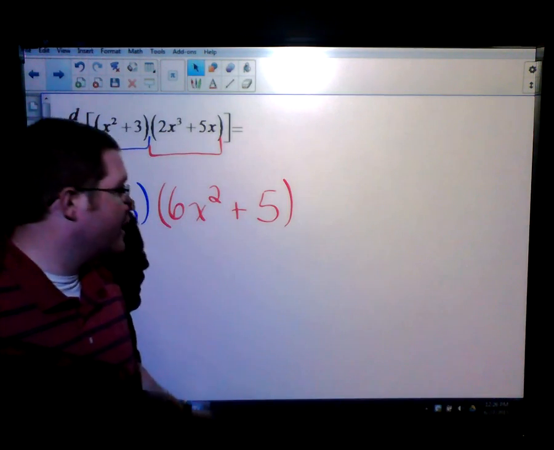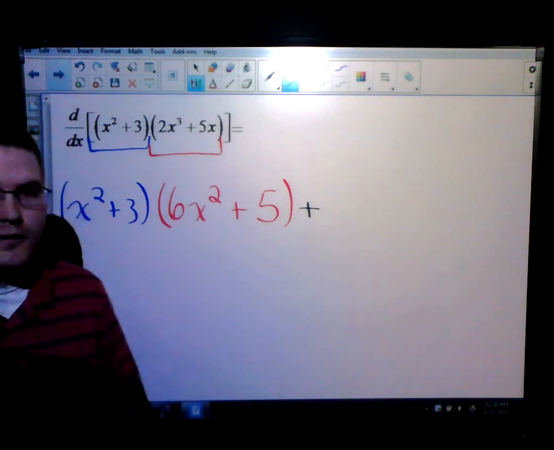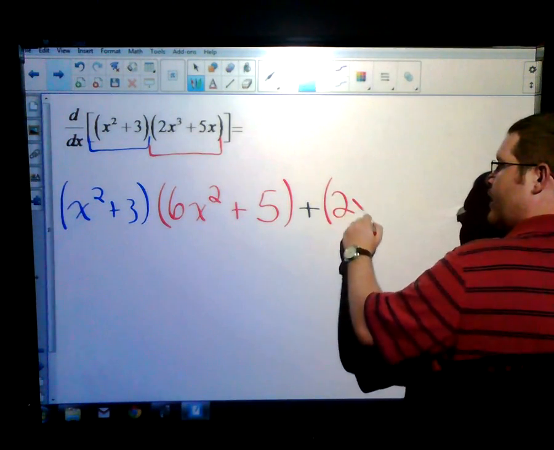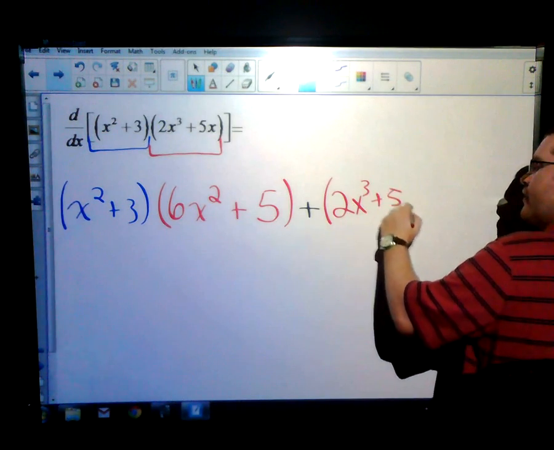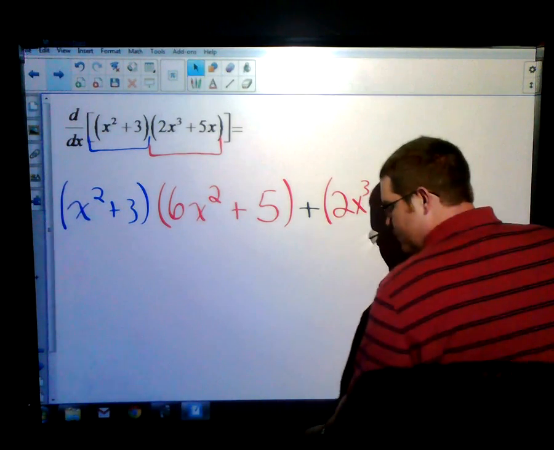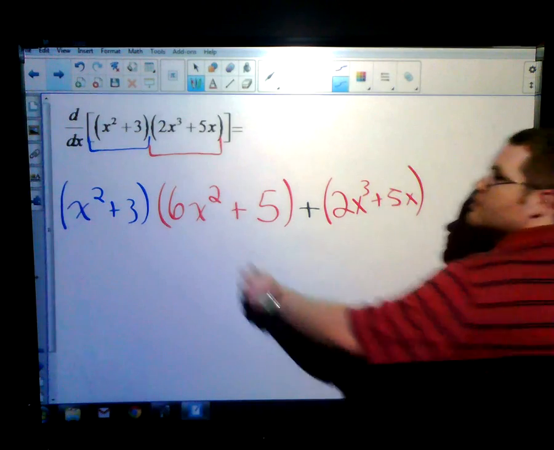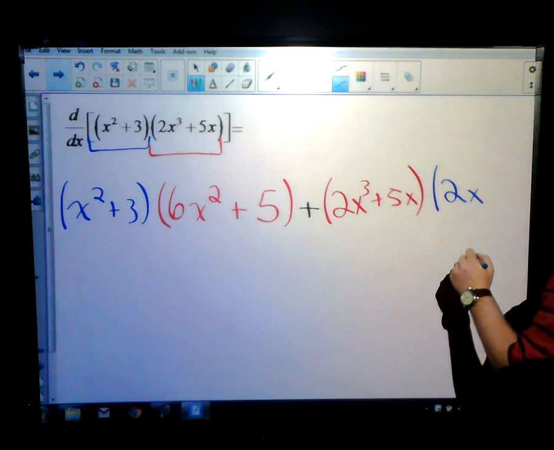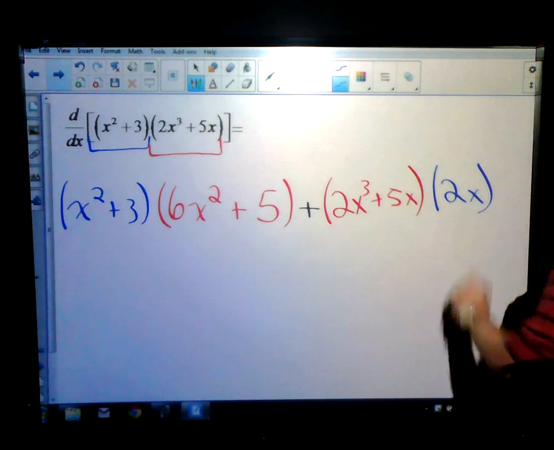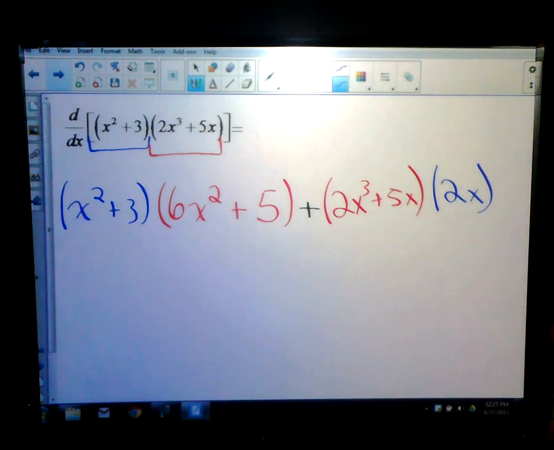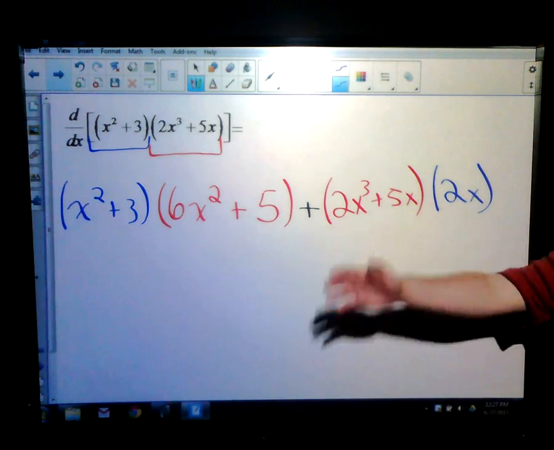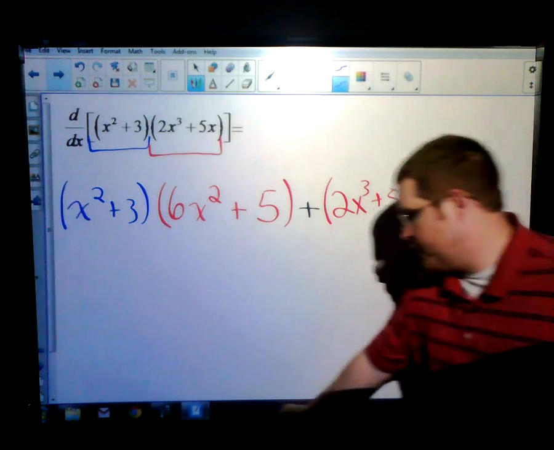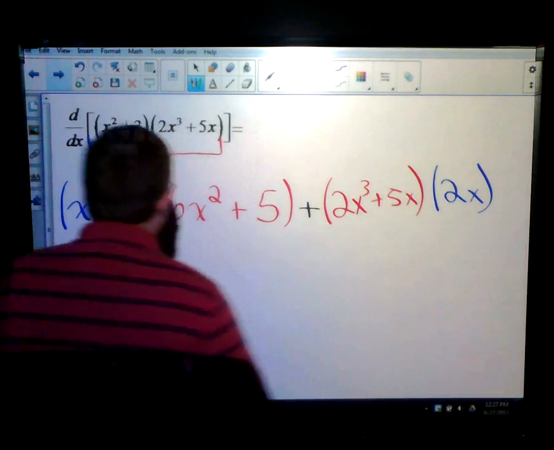First, derivative second, plus second, 2x cubed plus 5x, times the derivative of the first. Well, what is the derivative of the first? Well, it's 2x, and the derivative of the 3 is just 0. If it's a short answer test, you're done, unless I say simplify, which I'm going to make you do now just because you need practice.